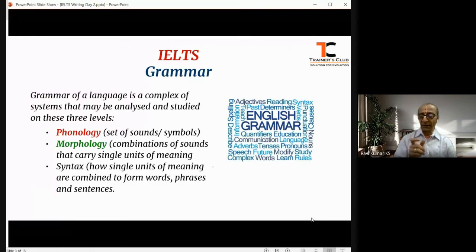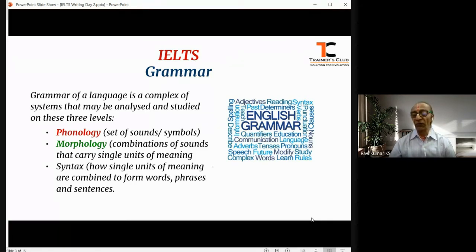And symbols here represent the punctuation that we use in English. It can be comma, full stop, colon, semicolon, or within quotation marks, brackets, all these things. Those are called symbols. So how do we use them in any language? What difference does it make? So the set of sounds, the pronunciation, the intonations, the rise and fall of the pitch of the sound.